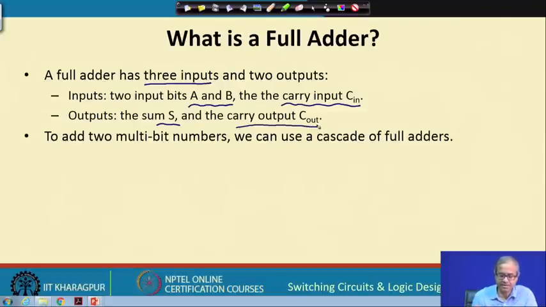Now, we shall see later that when you have multi-bit numbers, we can use a cascade of full adders, because exactly the way we did the addition by hand, we add 3 bits, carry was generated, again we added 3 bits, carry was generated, again we added 3 bits. So, if you have several full adders connected one after the other, the same thing can be implemented. The idea is like this. Okay.